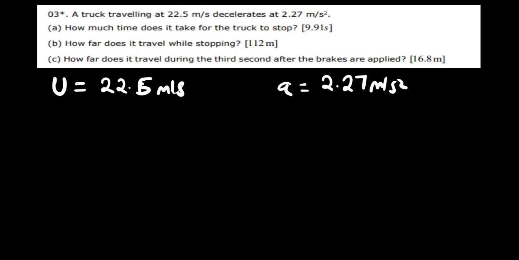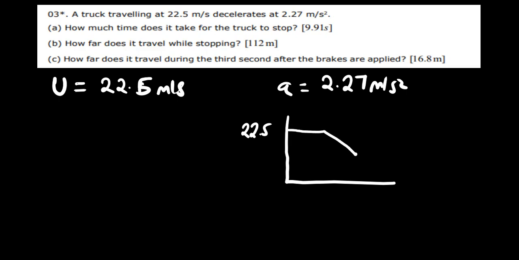Okay, let's assume the truck is going in this direction. Since the truck is decelerating, let me draw it like that. The truck is traveling at that speed and decelerates at that rate. So if this is 22.5, then this thing decelerates.